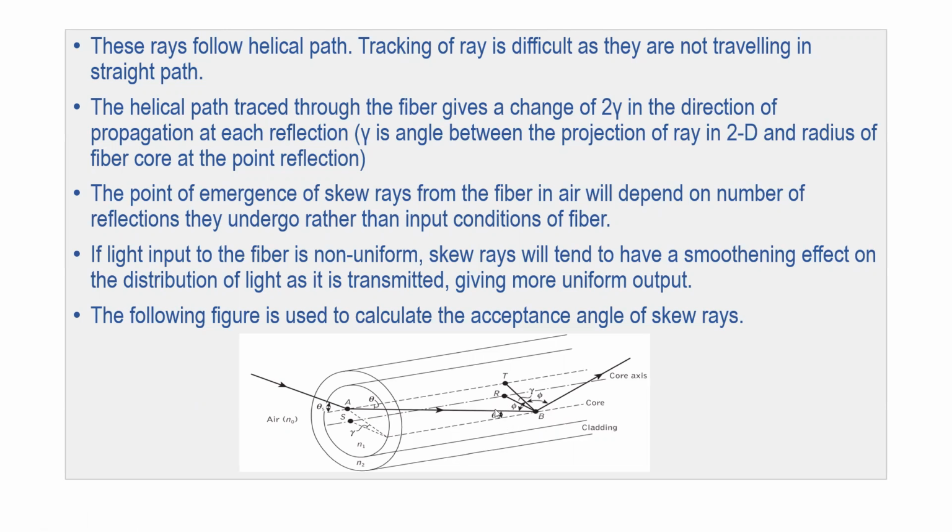If this is the plane on which you have your light ray, and now it is going into another plane in this dimension, this plane and that plane are perpendicular to each other. Hence there is an angle gamma subtended over here.